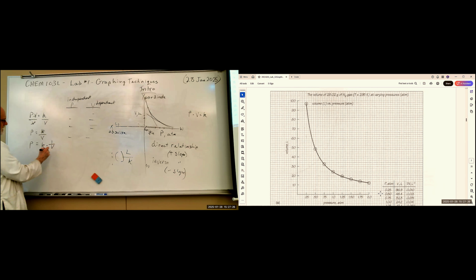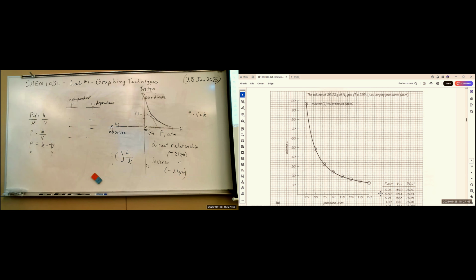And 1 over V is what's left over. Okay. So far, so good. This is my X variable. This is my Y variable.